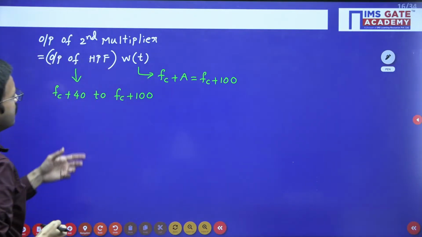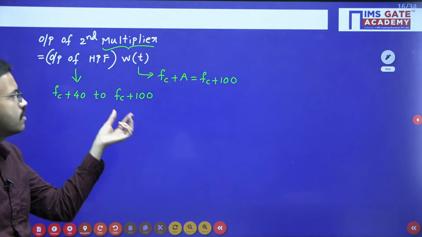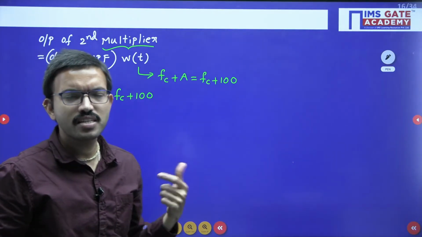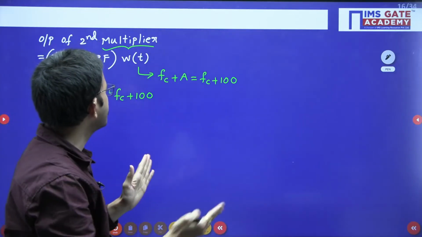Now here we have the multiplier. We know very well that whatever two time domain signals we give as inputs to a multiplier, it will produce two possible frequencies at the output.